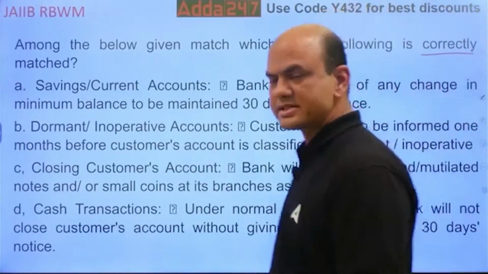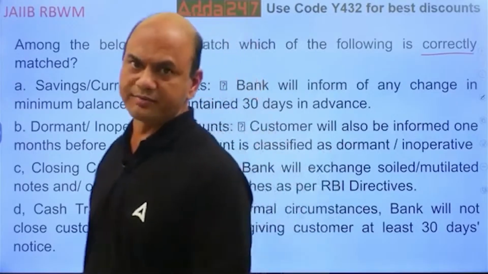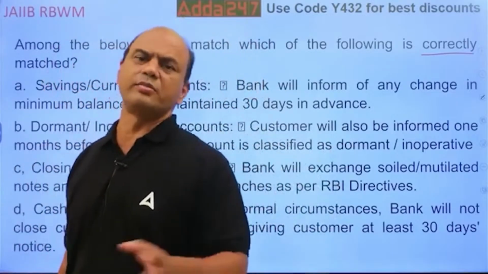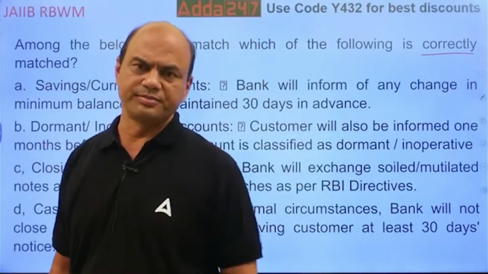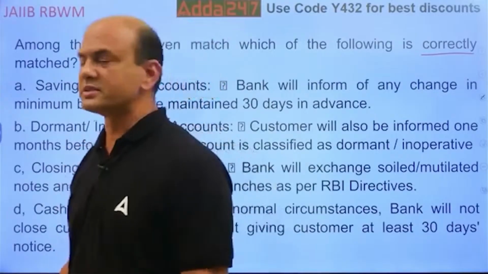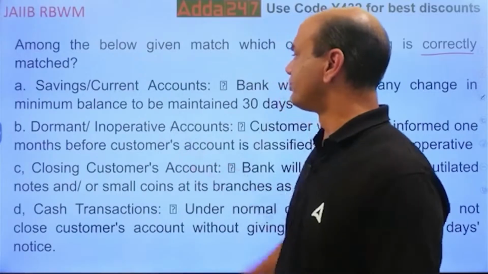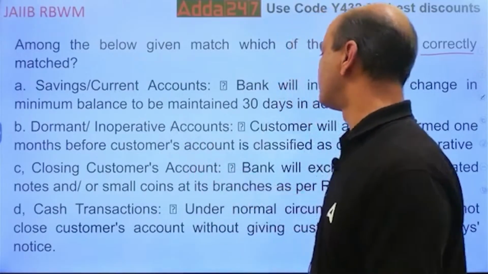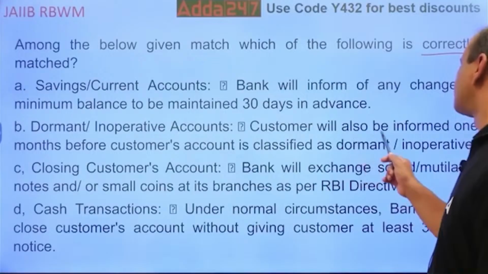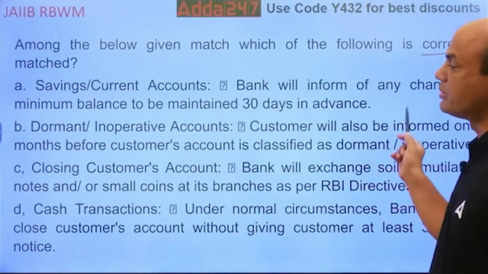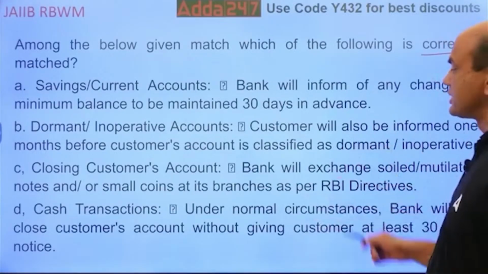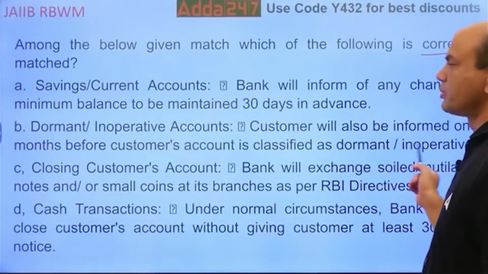So if my bank is changing the minimum balance criteria, let's say earlier it was 5,000, now I am making it 10,000, I must inform the customer 30 days in advance. Number 2, dormant inoperative accounts: customer will also be informed 1 month before the customer's account is classified as dormant or inoperative.